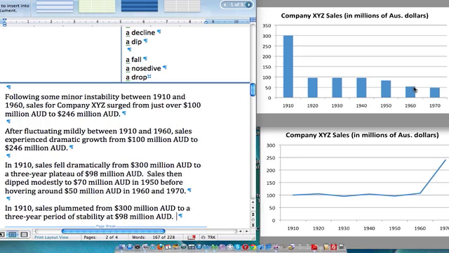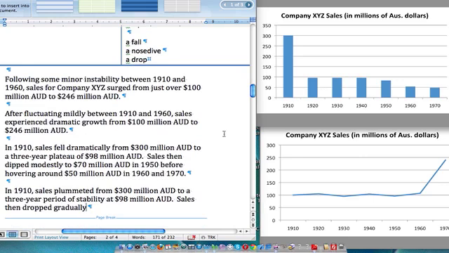So we can group this trend into one, and we could write something like, sales then dropped gradually over the next 3 years to, I think it's about 70, yeah, million, maybe it's about 80 actually.